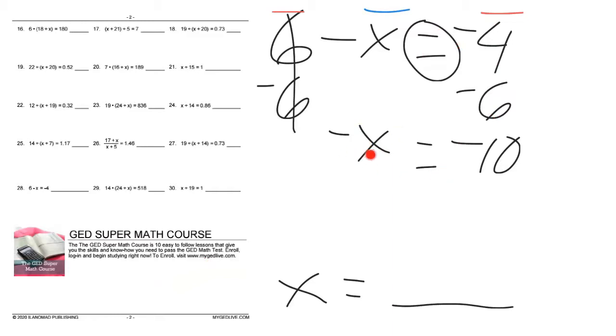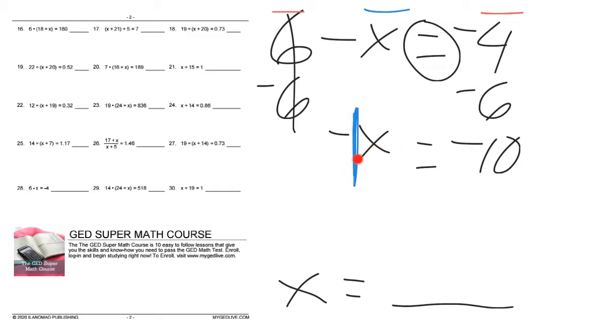So here we are, minus x equals minus 10. Now, again, our goal is to find out what x equals, not what minus x equals. So you have to go back to lesson 1 in the Super Math course, where we talk about adding, subtracting, multiplying, and dividing positive and negative numbers. In this case, there's a 1 here, and we usually don't write it, but I'll write it in a different color just to emphasize it.